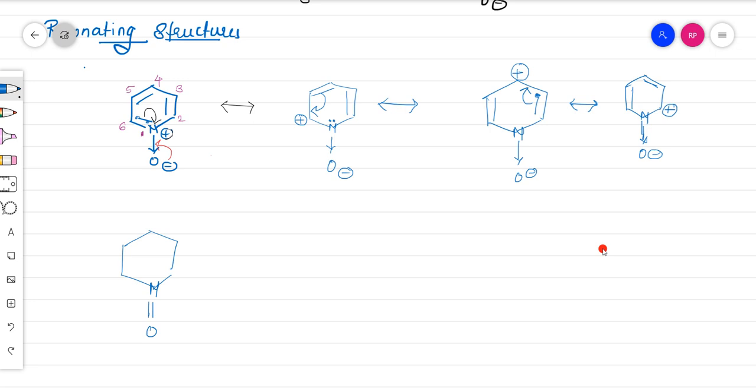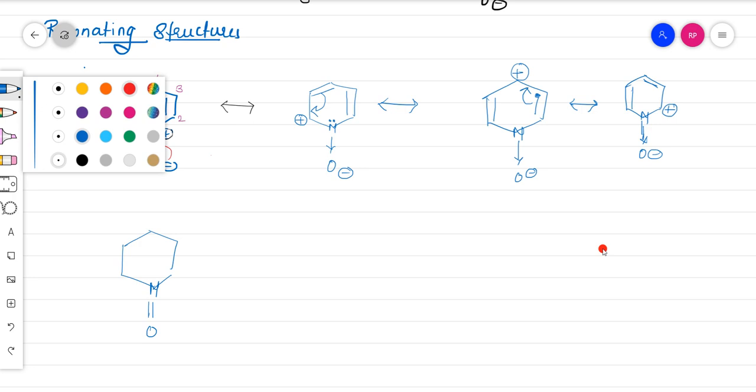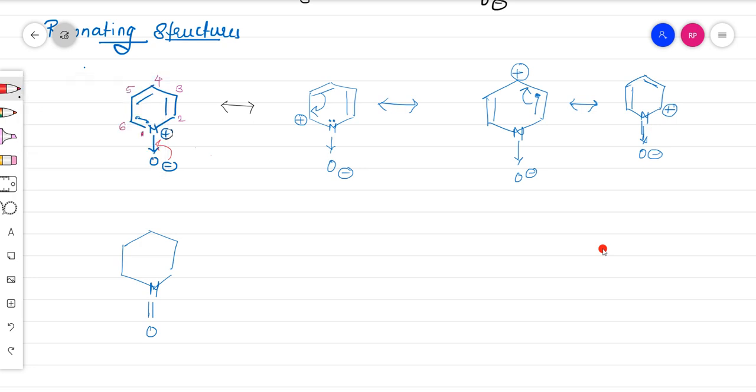How many bonds will be there? Now, if these electrons shift over here, I'll just rub this. Fine, if these electrons come from here, see if I write this bond, the electrons, I cannot write this bond, no, because look at how many bonds nitrogen has now.